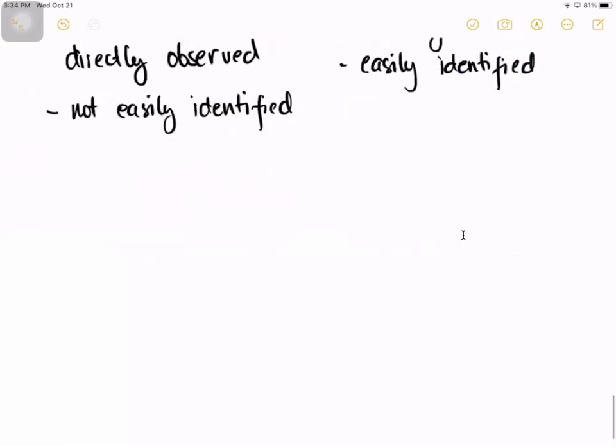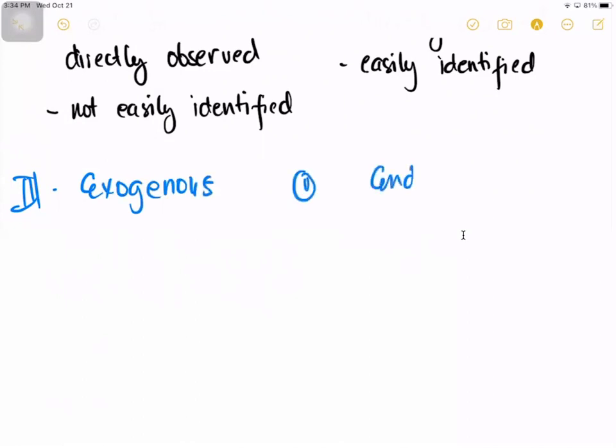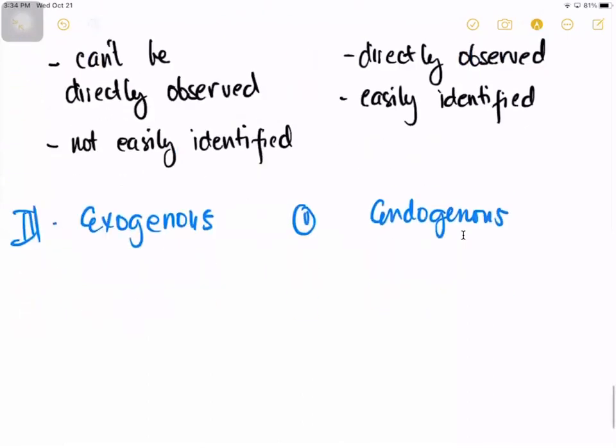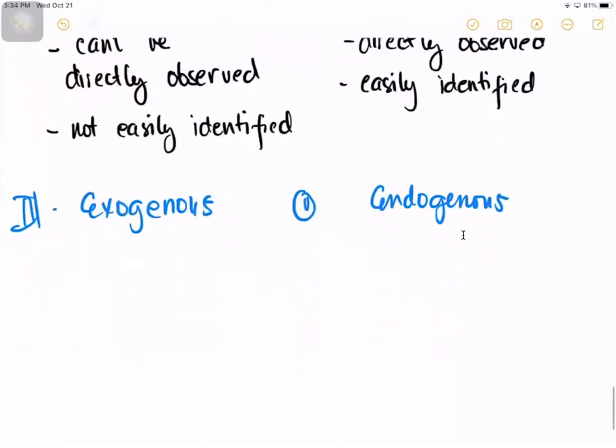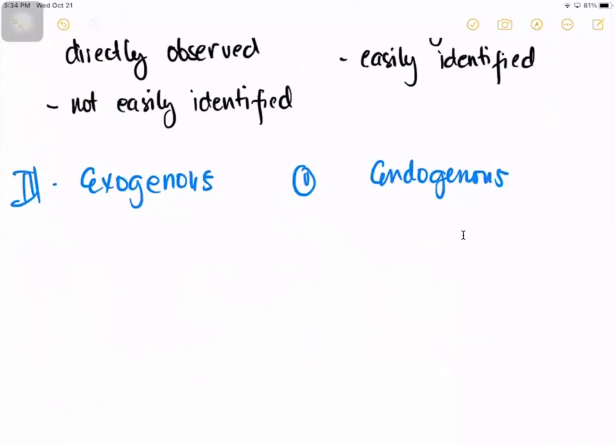Now let's proceed to the last one for this part of our video, and this is your exogenous versus your endogenous variable. For latent and manifest, and also exogenous and endogenous, it's easy to understand because they are actually opposites of each other.